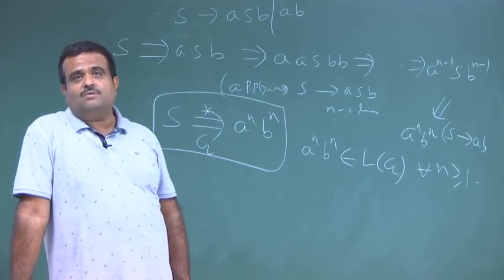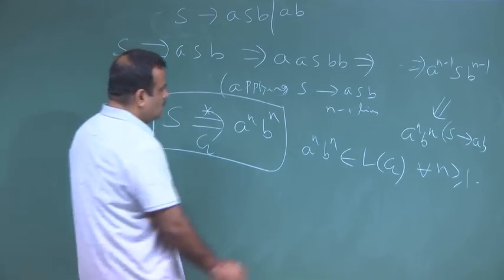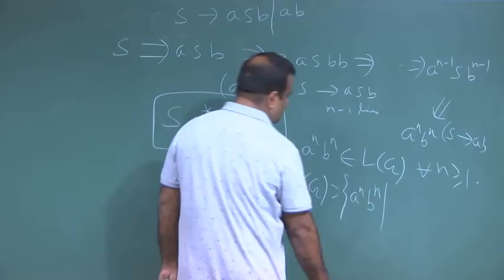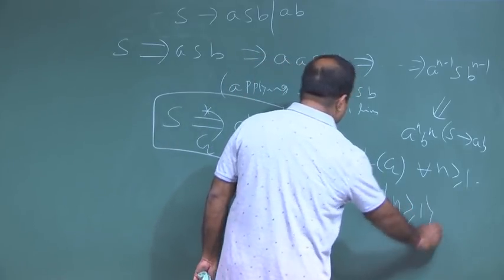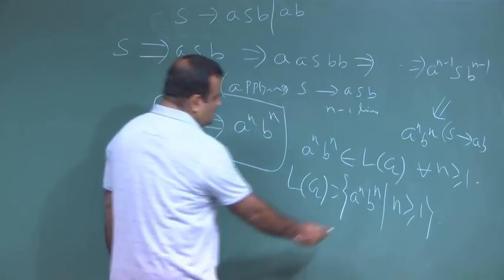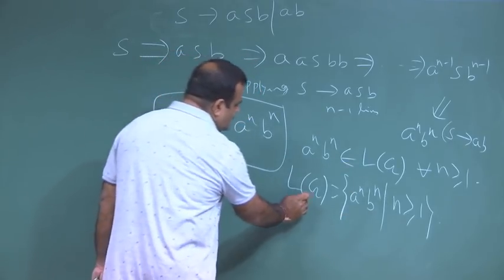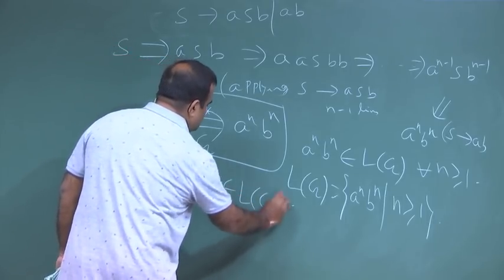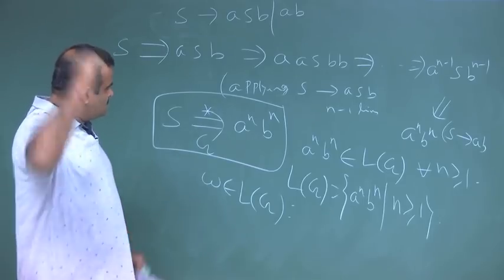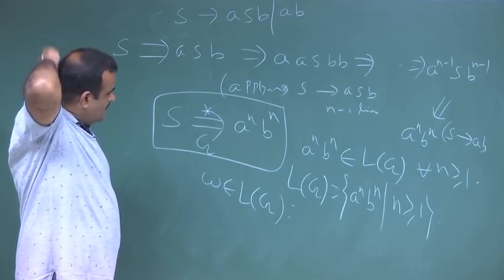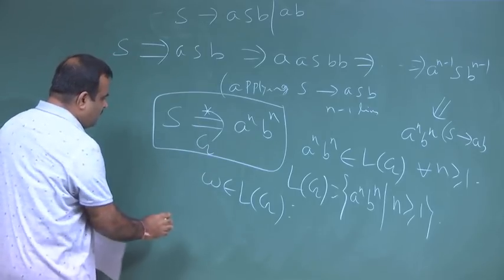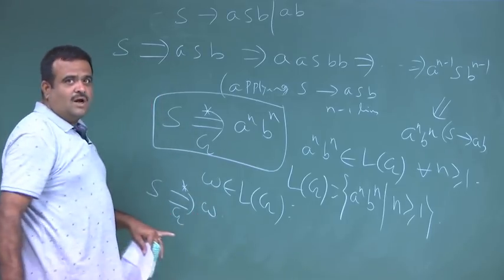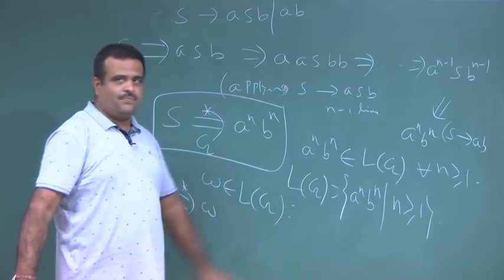So, all the possible a to the power n, b to the power n are in L of G. The other way around, we have to show that L of G is nothing but a to the power n, b to the power n for all n greater than or equal to 1. We have shown one subset direction. Now we have to prove the other: if we take any w, a string of terminals derived from S, then we have to argue that w must be of this form.